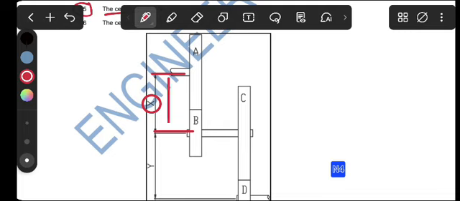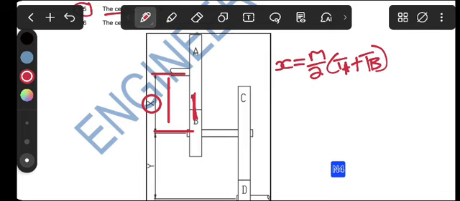So simply X will be equal to the module divided by 2, since it's between these two gears, times the teeth of gear A plus the teeth of gear B. Then we know the modulus there was 2.5, isn't it?